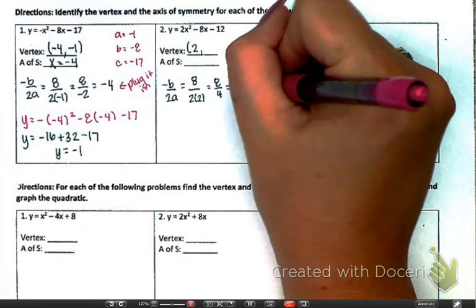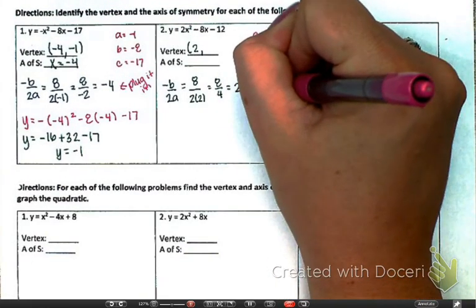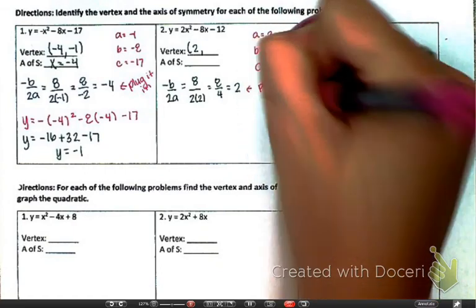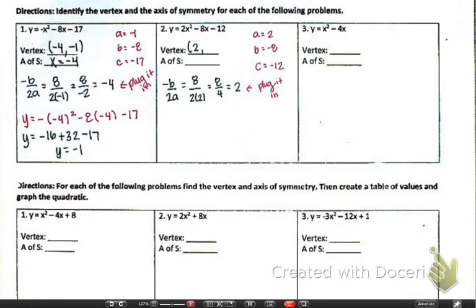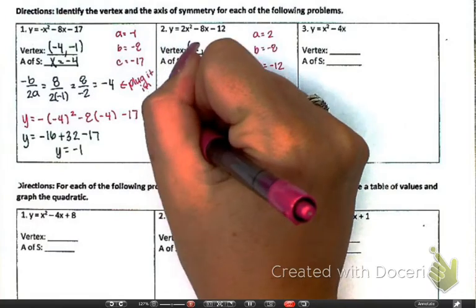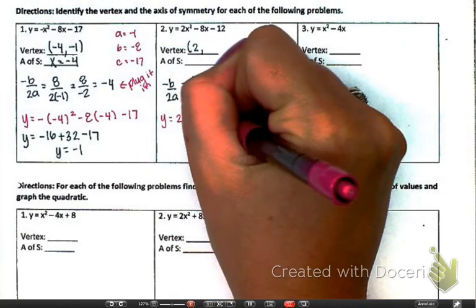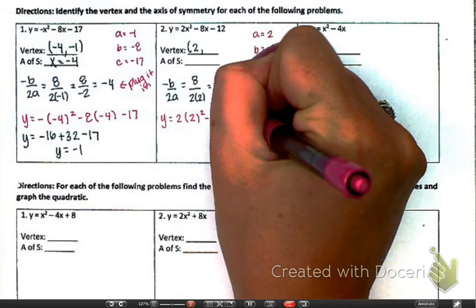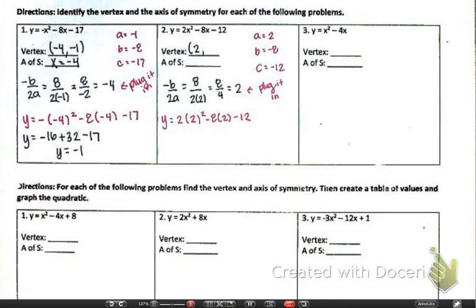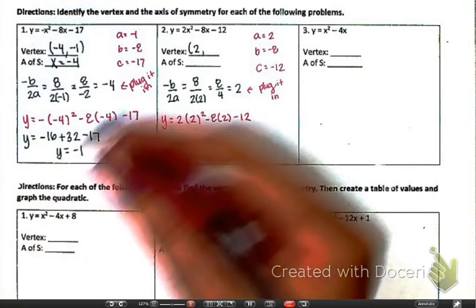To find y, we're going to plug it in. So y equals 2 times 2 squared minus 8 times 2 minus 12. 2 squared is 4.